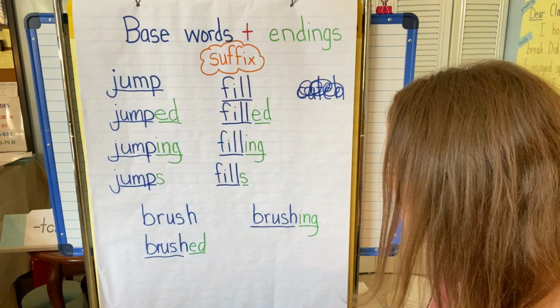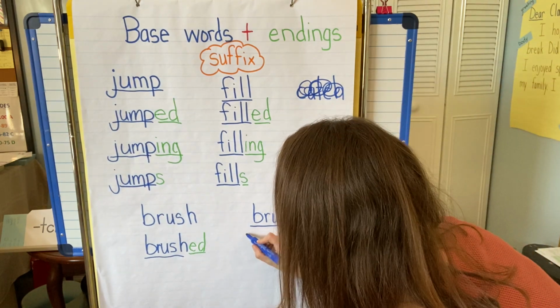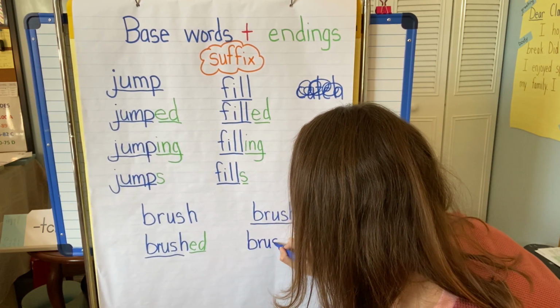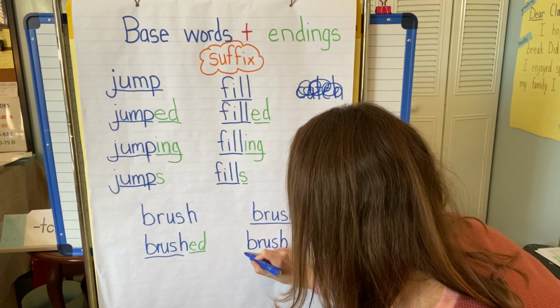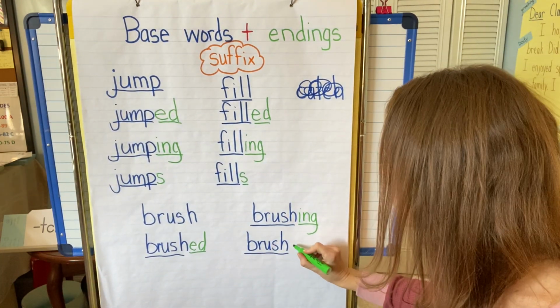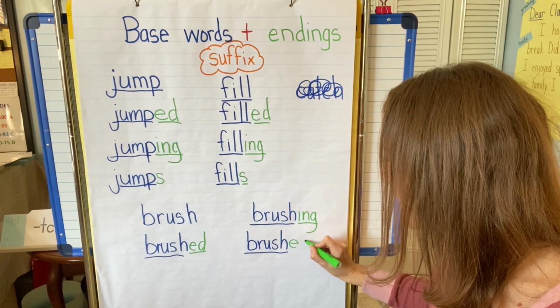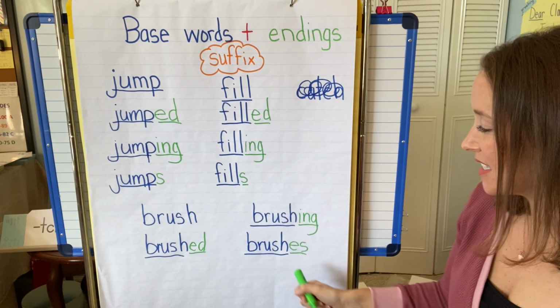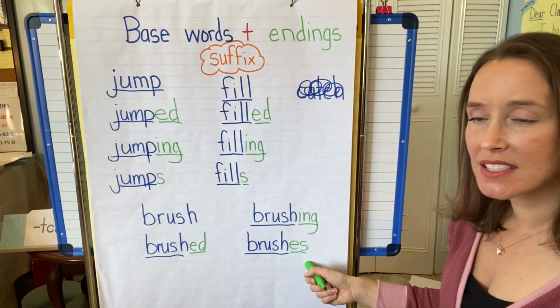E-S. When you end in certain letters, you need the word brush, base word brush, and then we said brush as. So we add E-S. Now, the other ones, we just added S, didn't we? Why do we add ES?